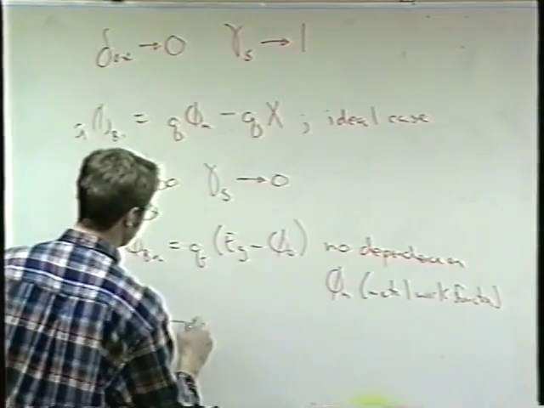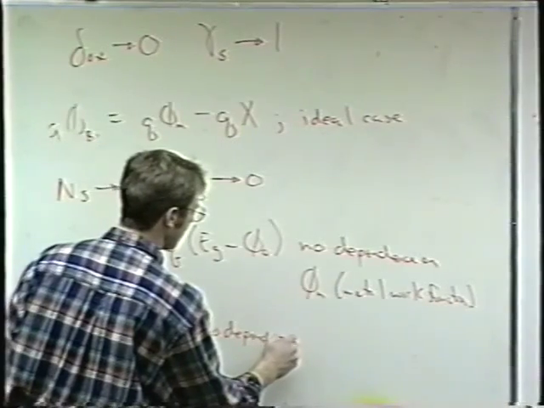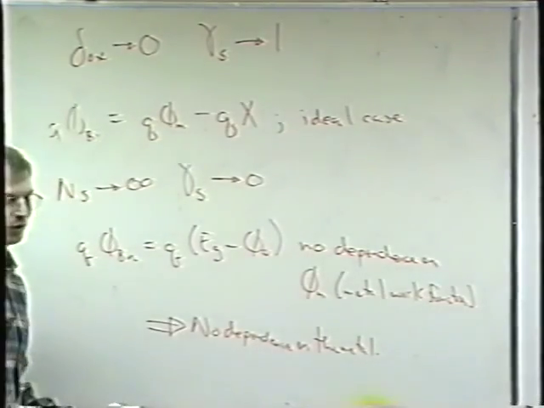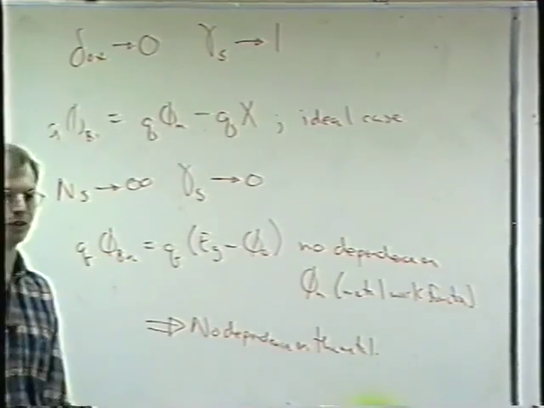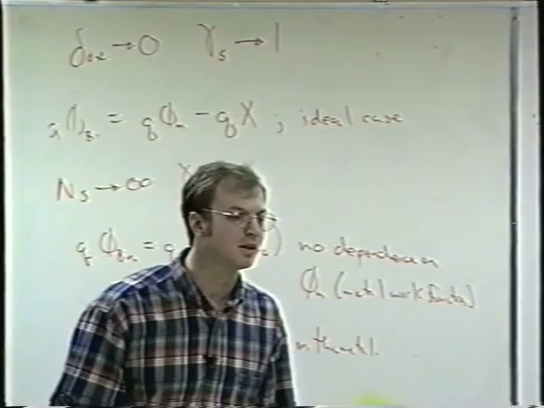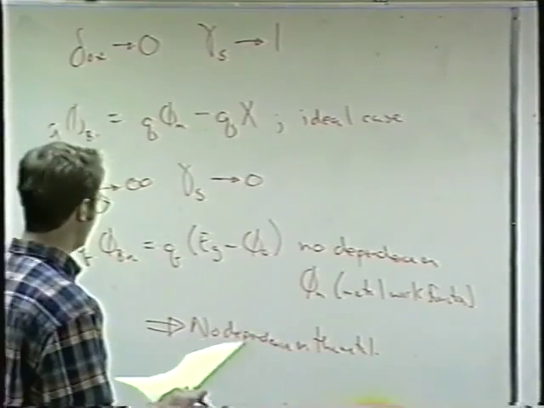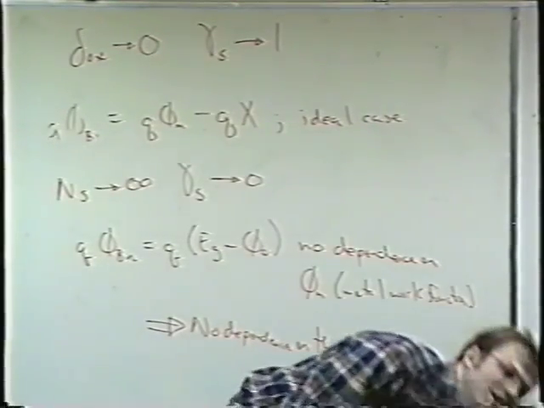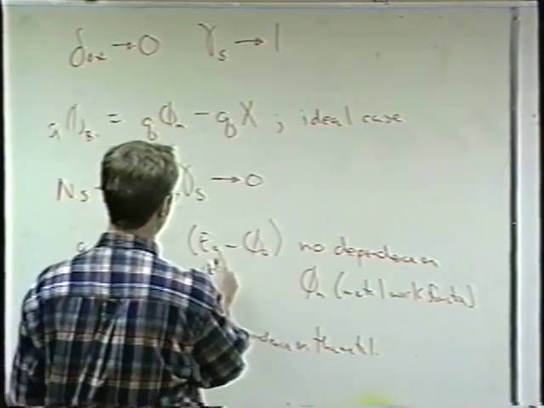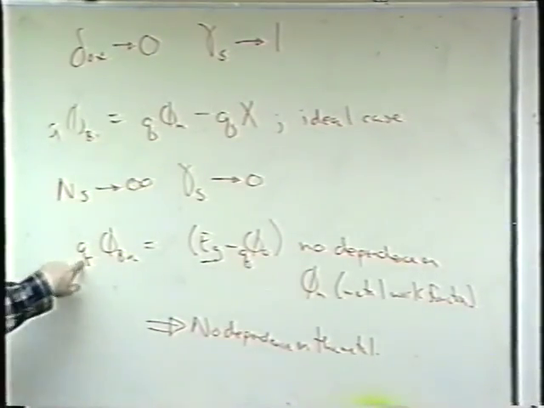So therefore, no dependence on the metal. Depends solely on the Fermi level, the semiconductor. Yes? In the last formula, the band gap should be over Q. Yes. Oh yeah, I got the Q, okay. Sorry. Thank you. Actually, I just need that instead of Q over here.